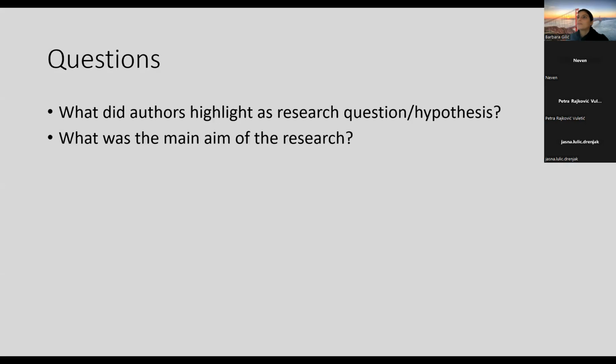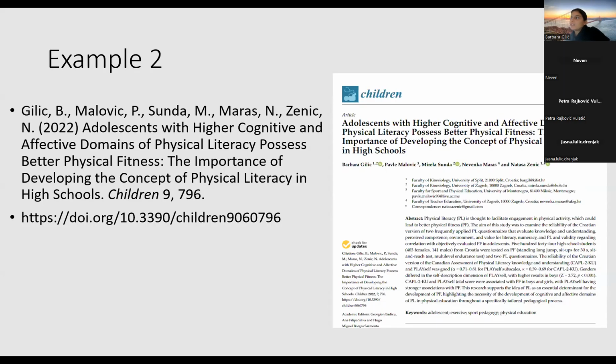For example 2, I will not ask you again to answer those questions. I will just briefly cover it myself. What did the authors highlight as the research question in this second example?